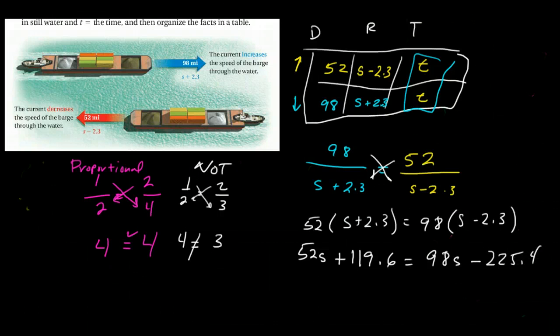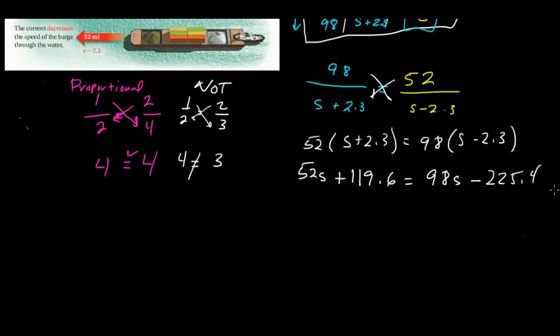And so now what I need to do is collect all my terms on one side. So let's move our S's over here, just to make things a little bit easier, keep everything positive. And let's add our 225.4, plus 225.4.